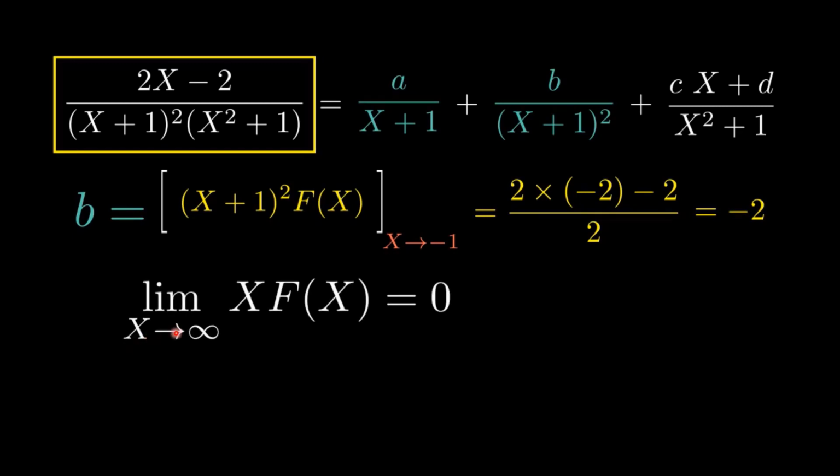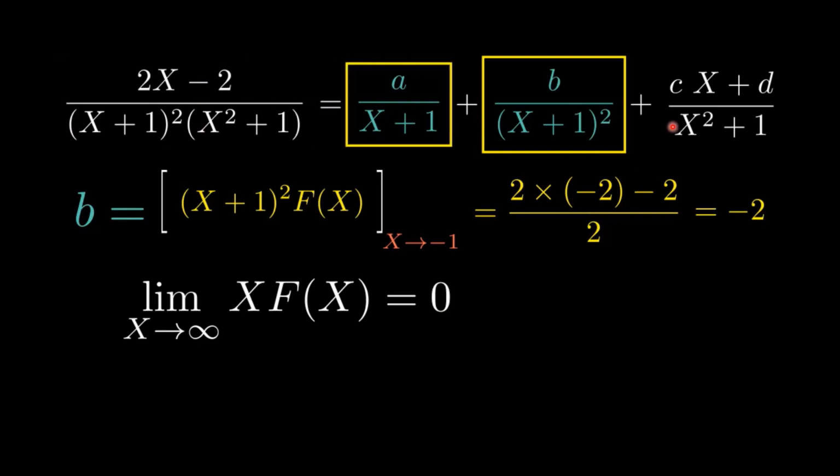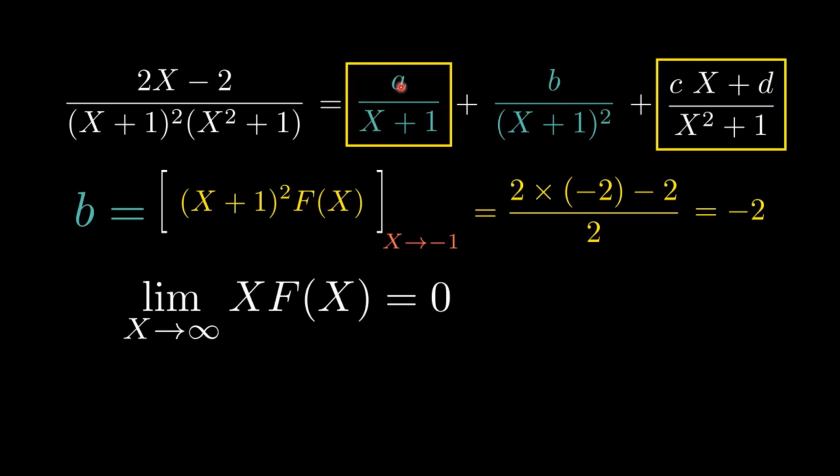The limit of x times f of x when x approaches infinity equals 0 here and here 0. So we get a times x over x, we get a, and c x over x squared, we get c. So we get a plus c equals 0.